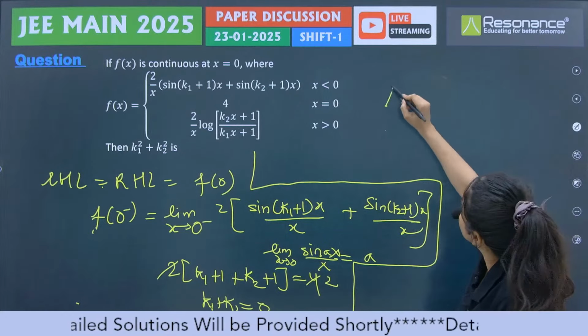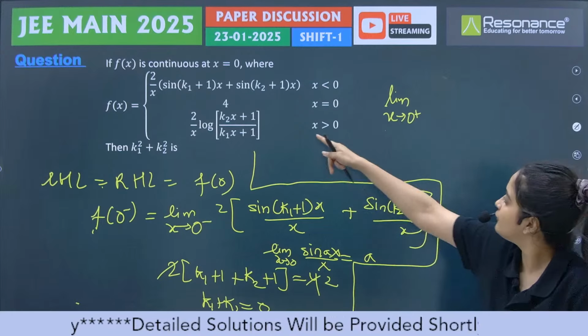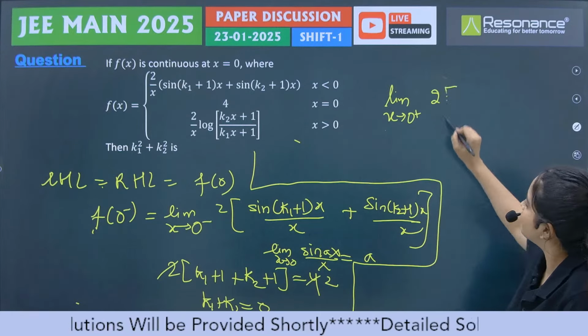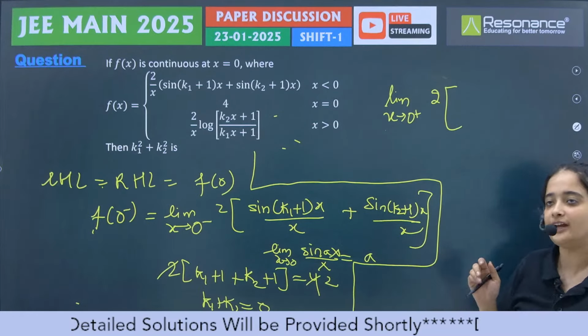let's solve RHL. So limit x approaches 0 plus of this function. Again I am keeping 2 outside. Log x by y is equal to log x minus log y.